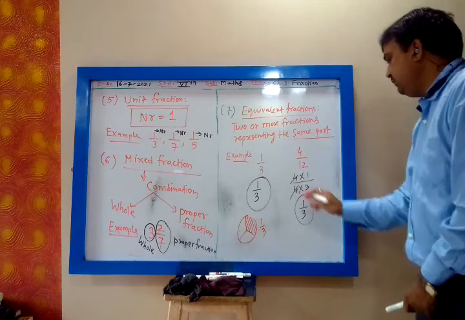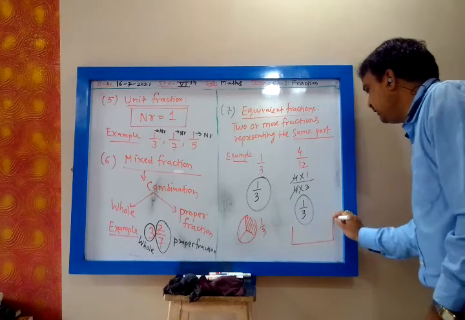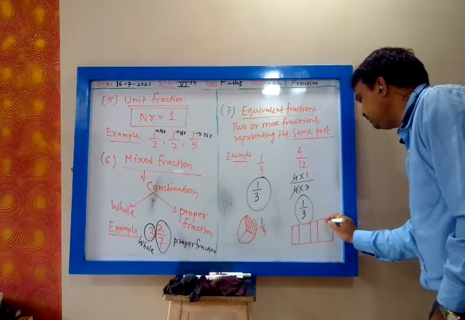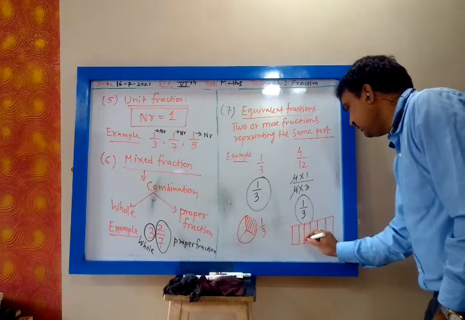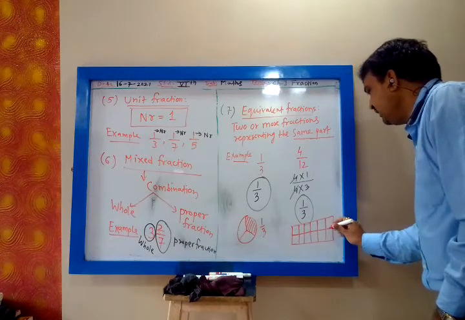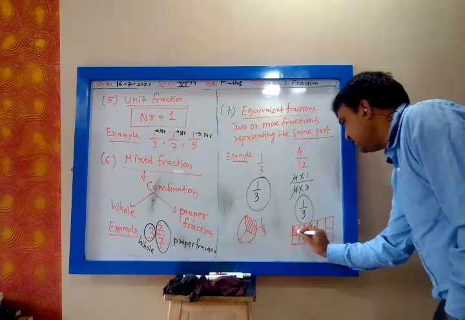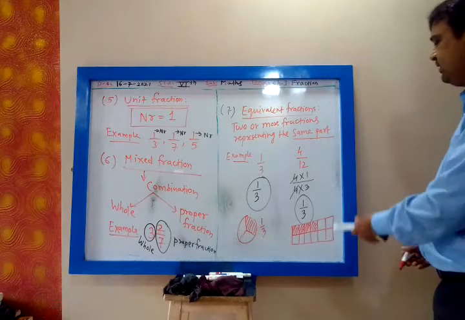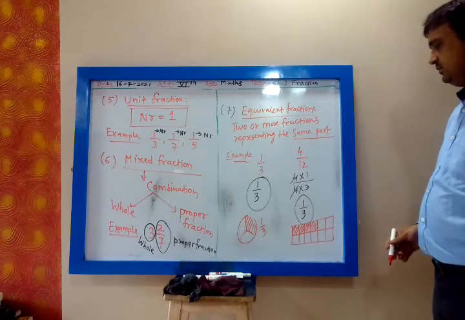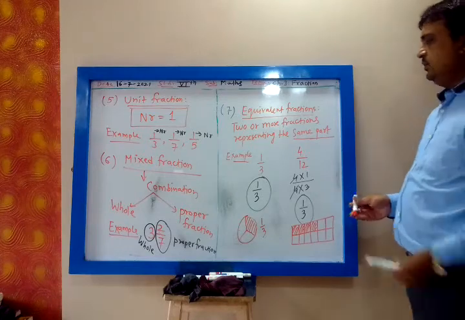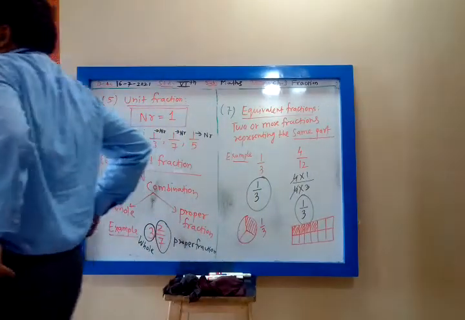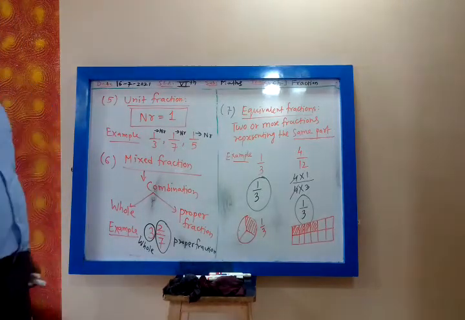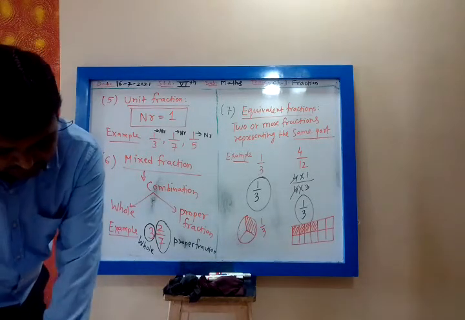If you take 12 parts, and take 4 parts of that, this will be the same as 1 by 3 only, no? So 1 by 3 and 4 by 12 are equivalent fractions.